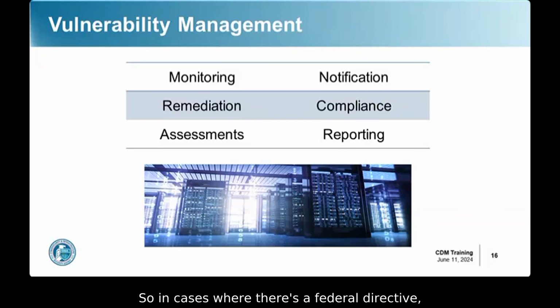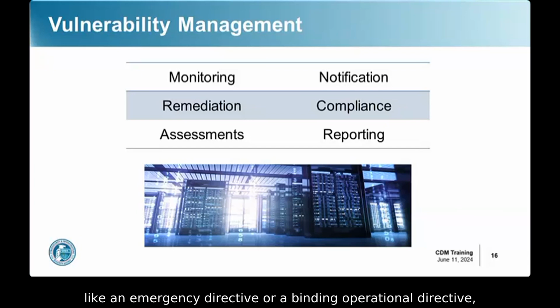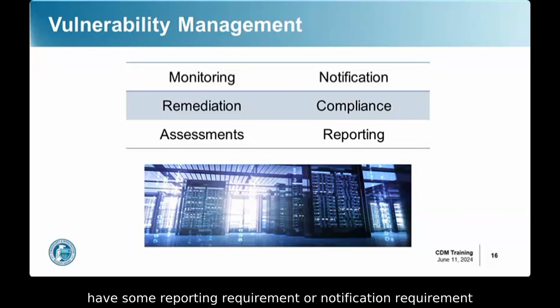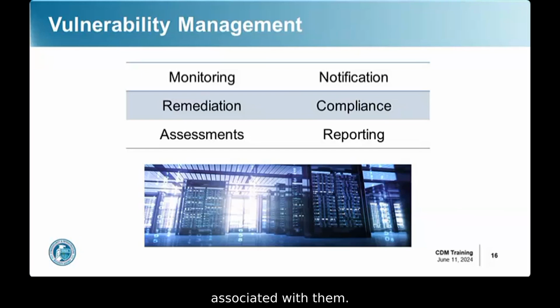In cases where there's a federal directive, like an emergency directive or a binding operational directive, CISOs are required to acknowledge receipt of CISA emergency directives and then respond as outlined. And usually those types of directives have some sort of reporting requirement or notification requirement associated with them.